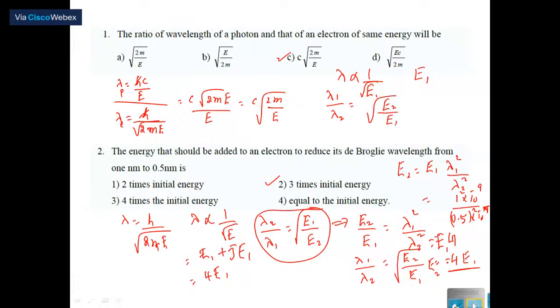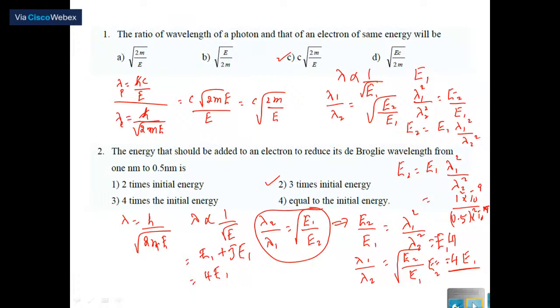Am I right? Squaring both sides, lambda 1 square by lambda 2 square is equal to E2 by E1. Therefore, E2 is equal to E1 into lambda 1 square by lambda 2 square. Lambda 1 is 1 and this is 0.5 nanometer, the nano gets cancelled.